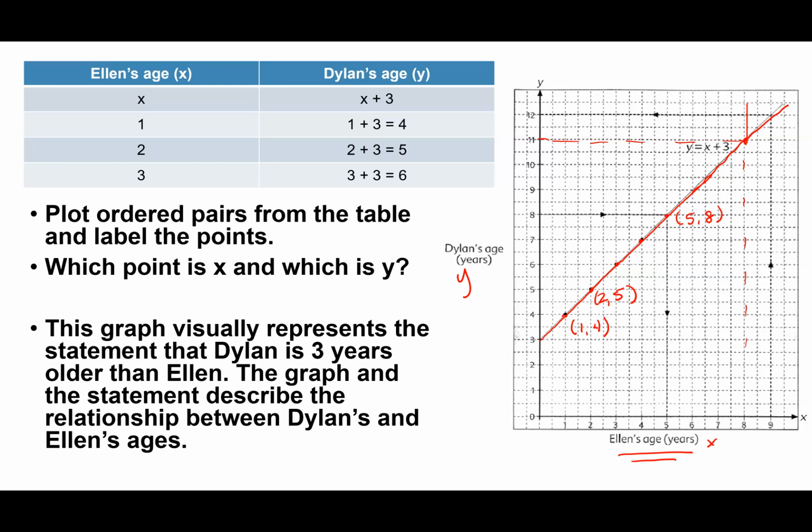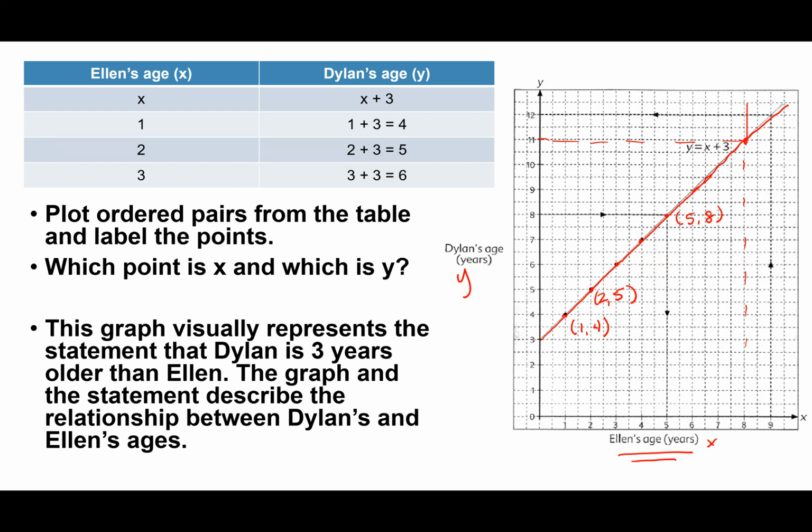All right, I want you guys to open up your textbooks to page 27, please. Okay, so you guys can see in front of you what we just graphed here with Ellen and Dylan's ages.